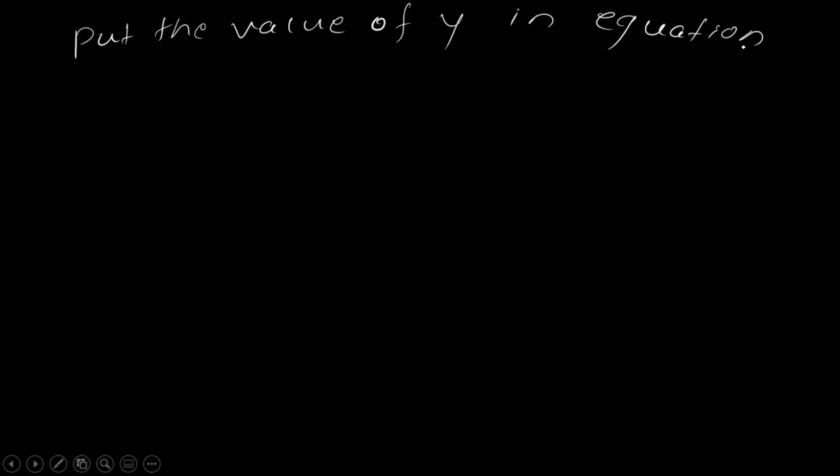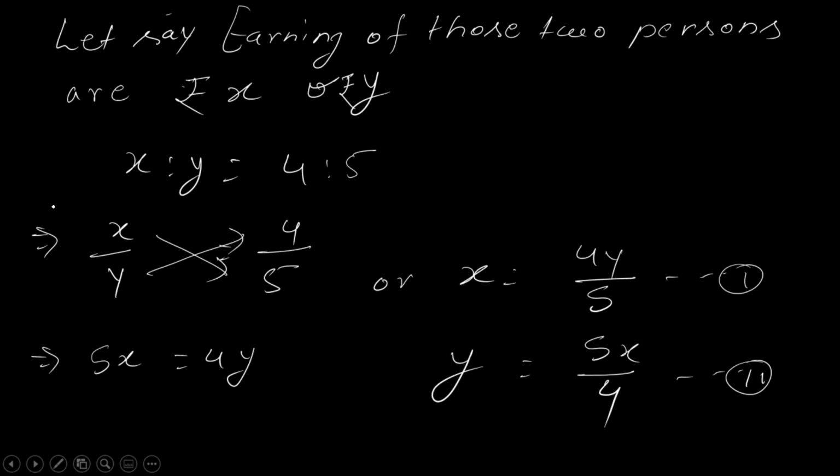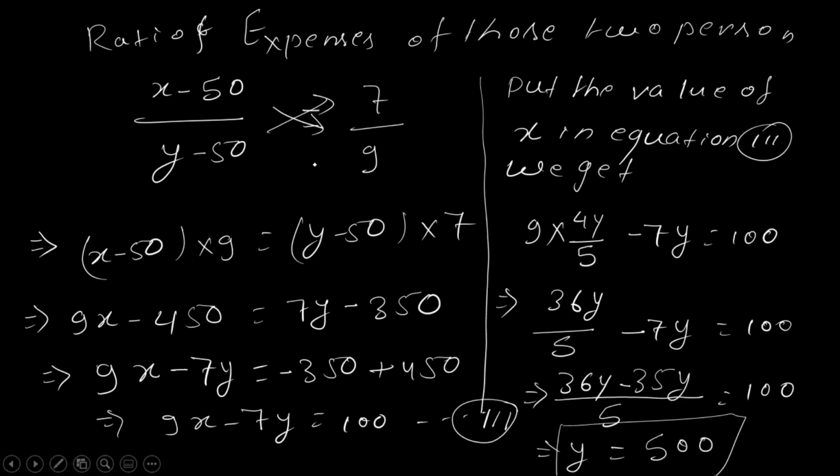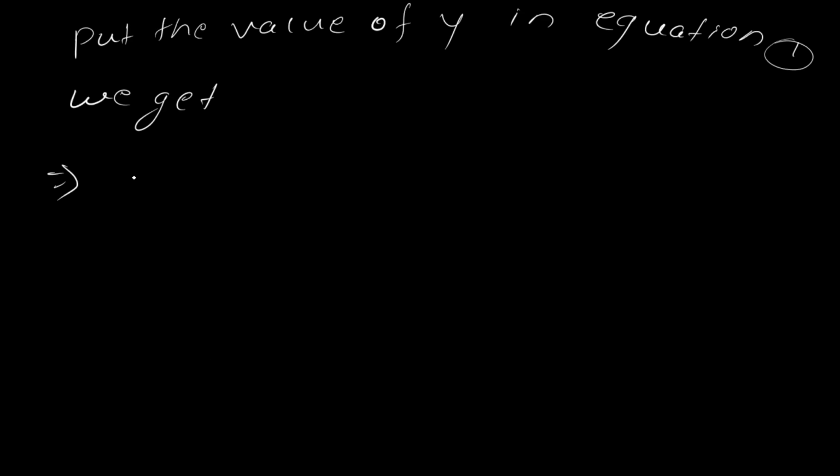In equation 1, we get x equals 4y divided by 5.